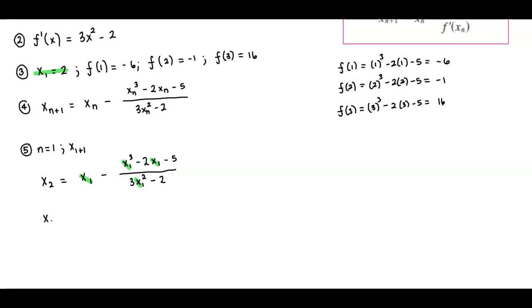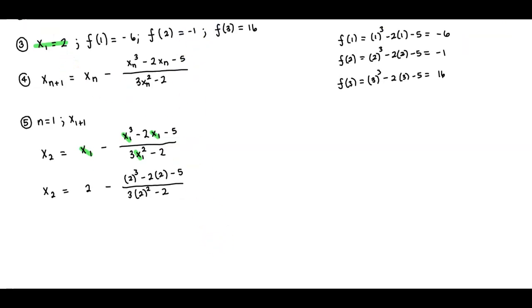So we have x subscript 2, which is going to equal 2 minus 2 cubed minus 2 times 2 minus 5 over 3 times 2 squared minus 2. Okay, so when you multiply that all out, you're going to get the value of 2.1. So right now we solved for x subscript 2.